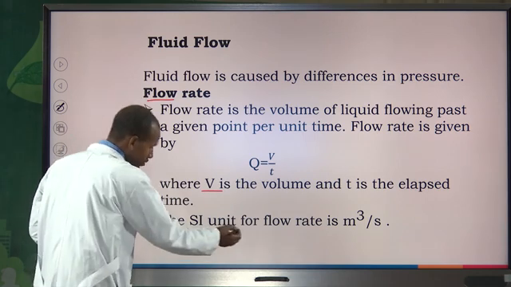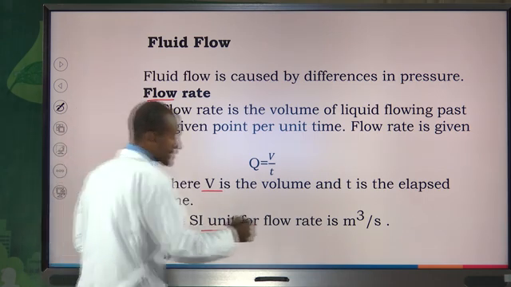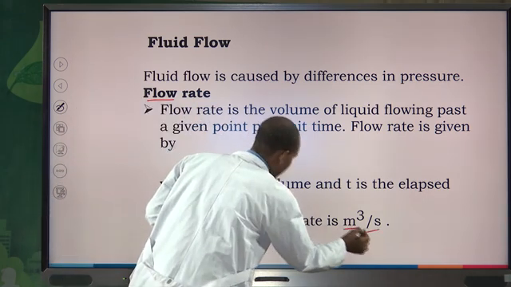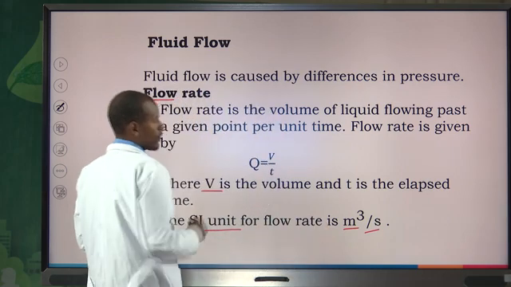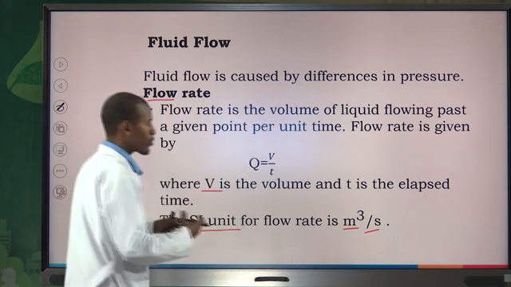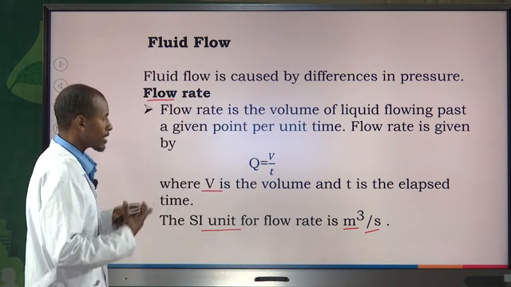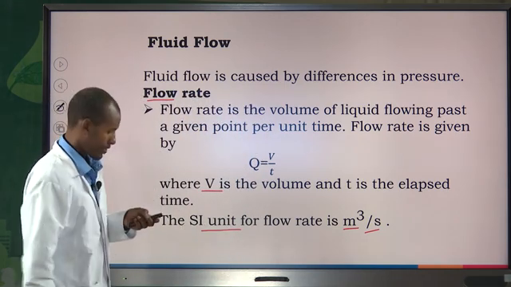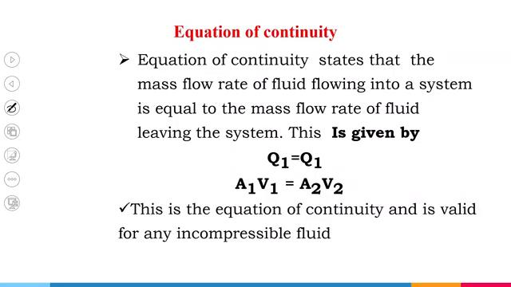The SI unit of flow rate is meter cube per second, because the unit of volume is meter cube and the unit of time is second. Concerning the flow rate, there is the equation of continuity.